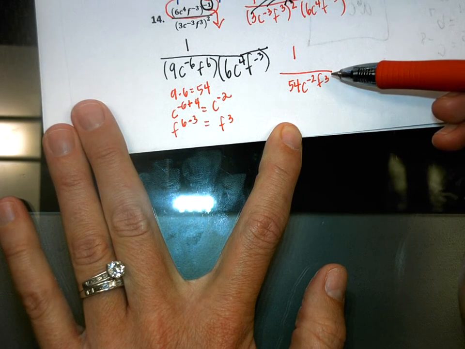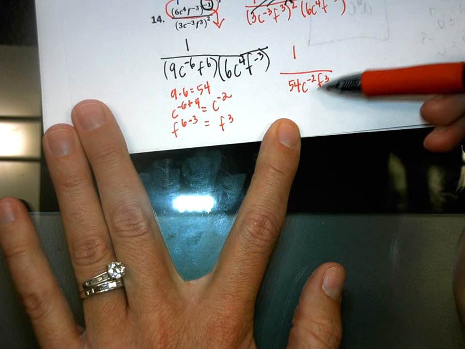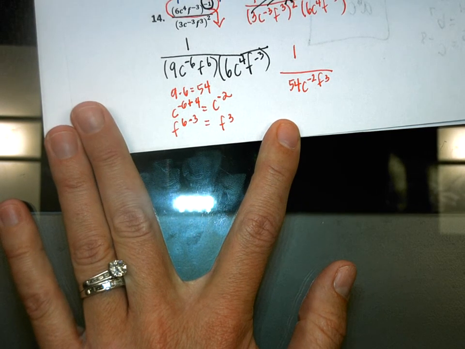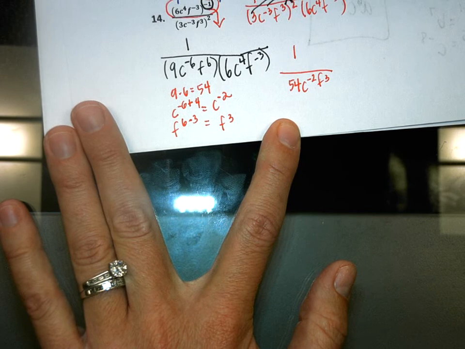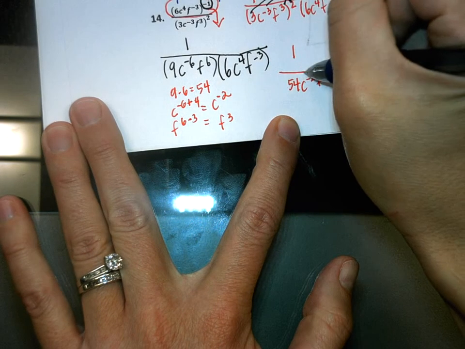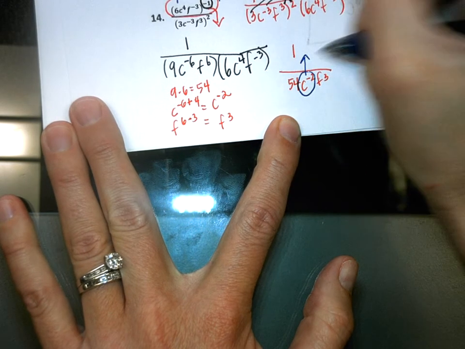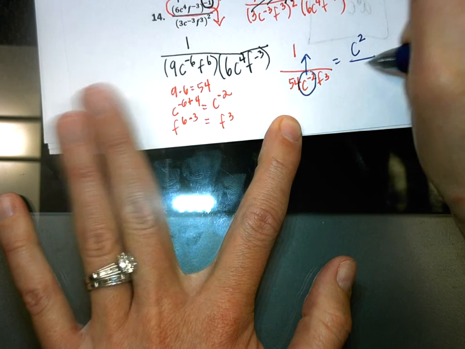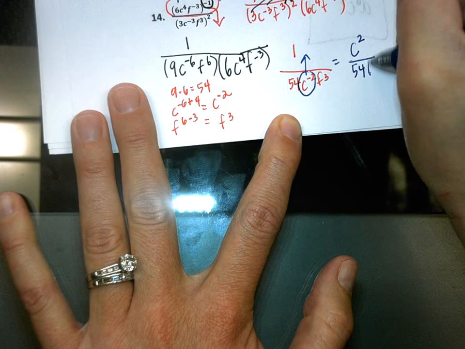Okay? So this negative, we have to get rid of it, and we have to switch the side. And so that one's going to end up going to the top. Okay? So you just have to be careful on some of these. So we end up with c squared on the top, and then 54 f to the third in the denominator.